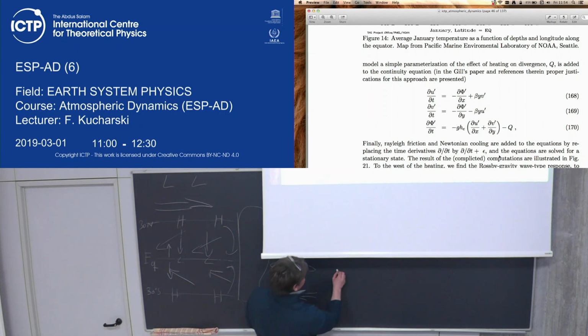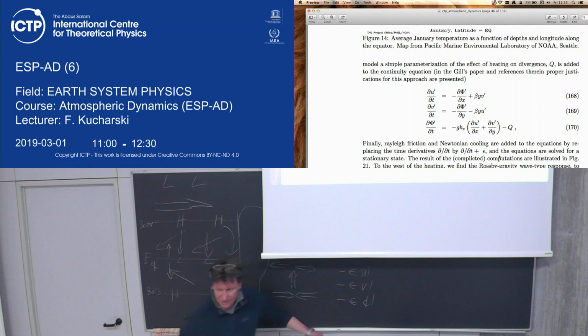So on each side of the equations you add a term, actually minus epsilon u primed, minus epsilon v primed, and minus epsilon psi primed. Very simple, we call this Rayleigh friction. So you take away energy out of the system in this way. And then he looks for stationary solutions, solutions to this forced system.